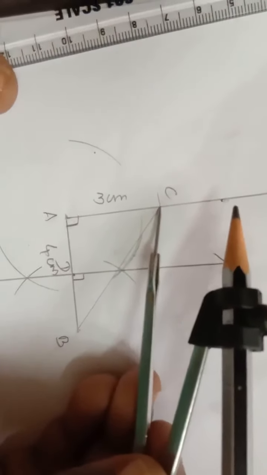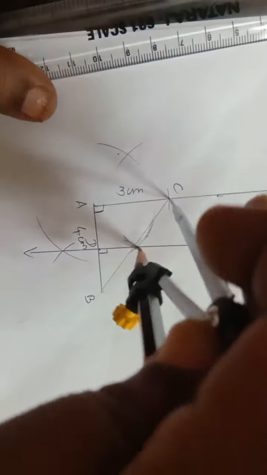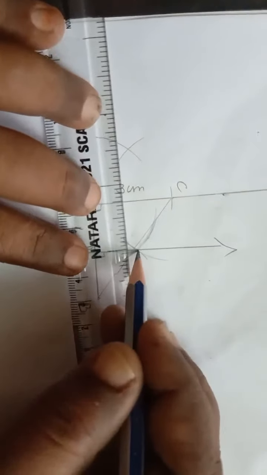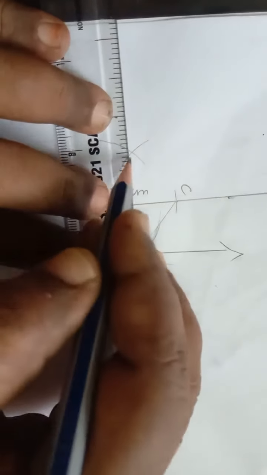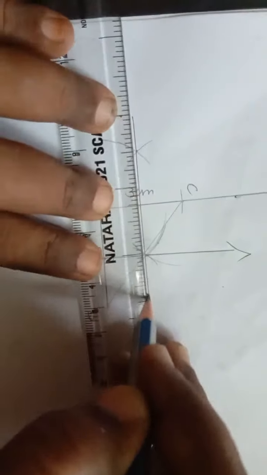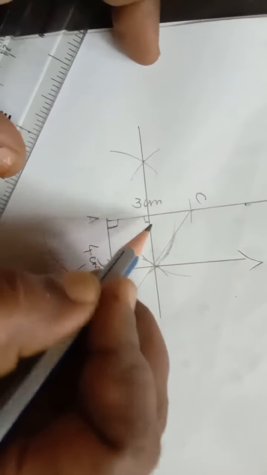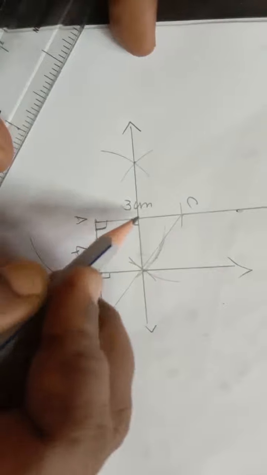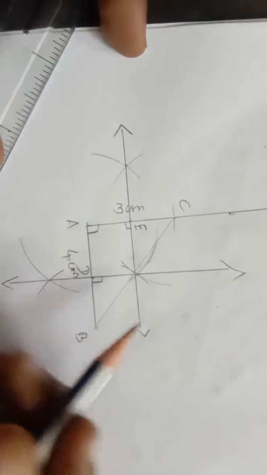Keep it on C and cut 2 arcs. Same point is there, no problem, but do carefully. Now draw the perpendicular bisector of AC. Mark the midpoint as E.